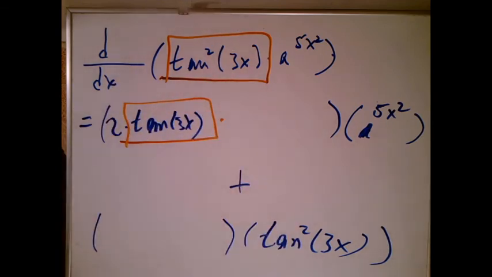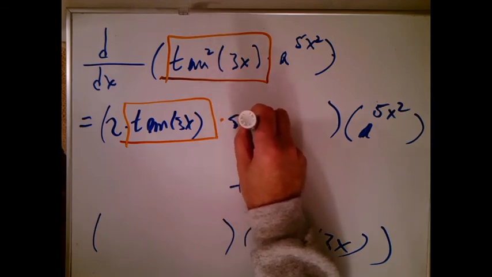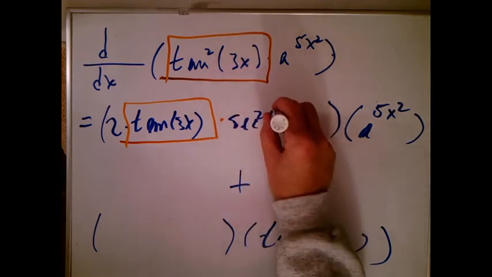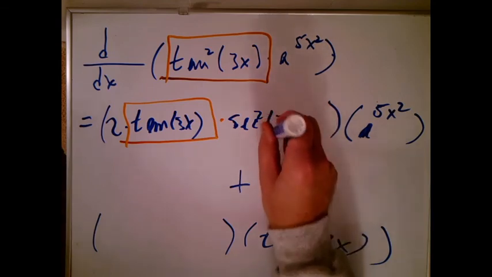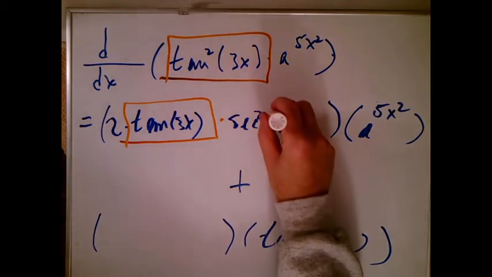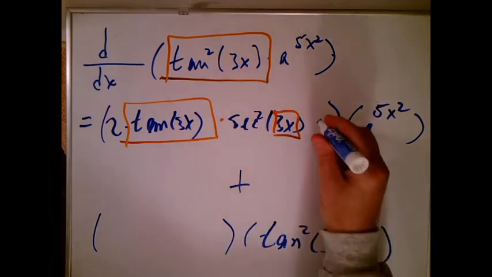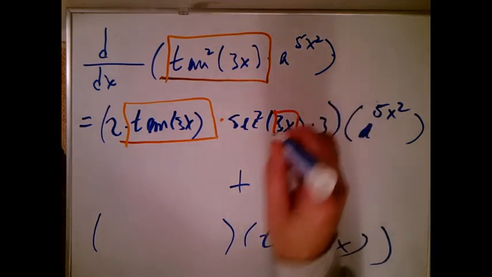Now, how do we take the derivative of tangent 3x? That's tangent blob. The derivative of tangent blob is secant squared blob. So I'm going to write secant squared blob, like that. And you can see my blob keeps getting smaller when we use the chain rule. And now I want to multiply by the derivative of the blob, which is just 3, and we're all done with that part.